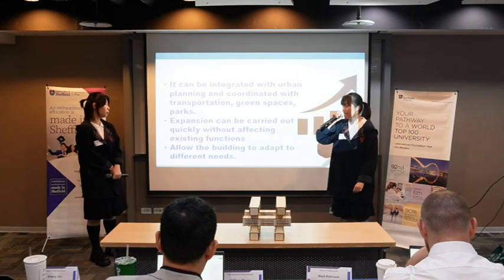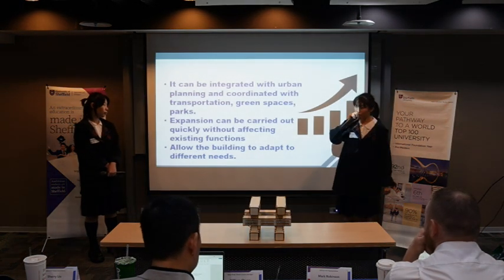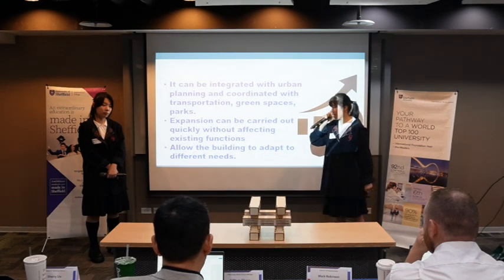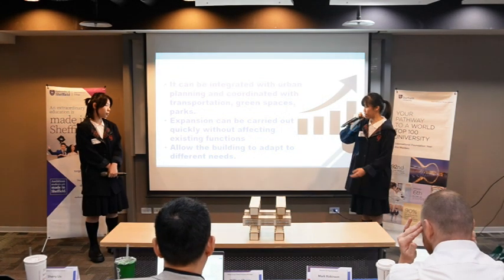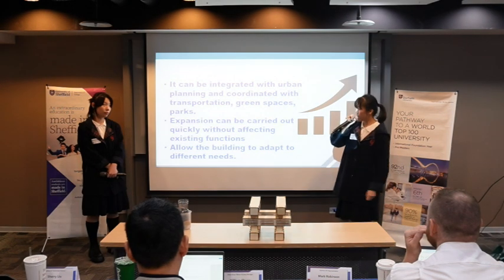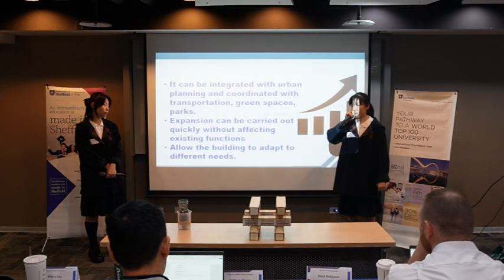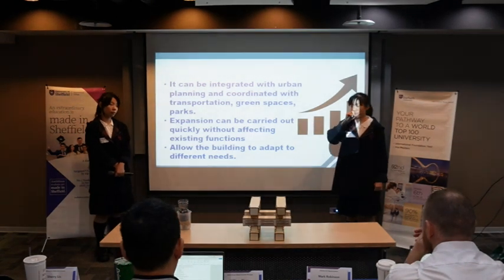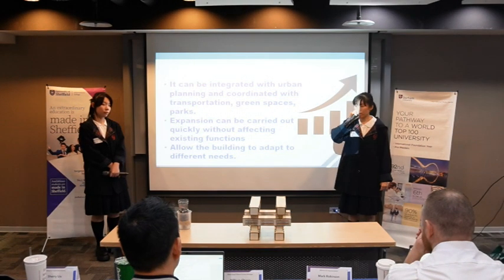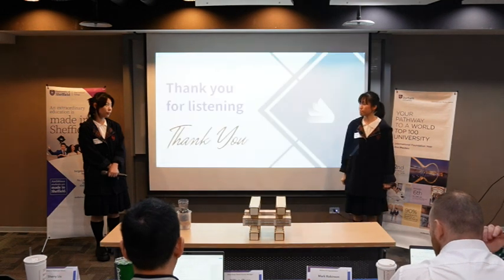The second point is our flexible interior layouts. Some parts of our buildings, like walls, are resilient, which allows the buildings to adapt to different needs. By combining these features, our structure can provide a sustainable and future-proof solution for schools and urban environments.